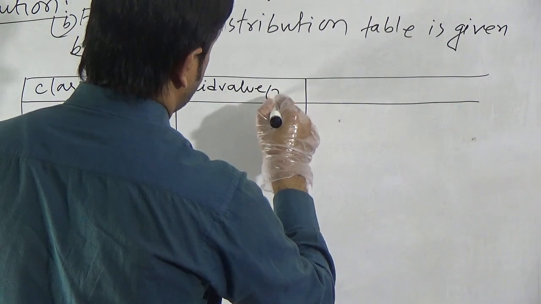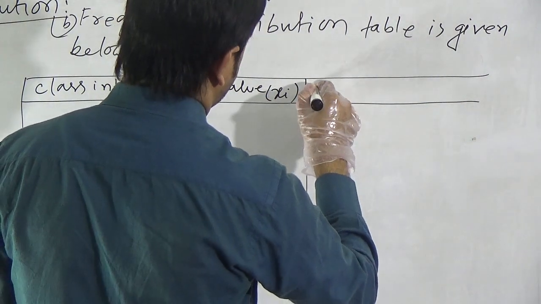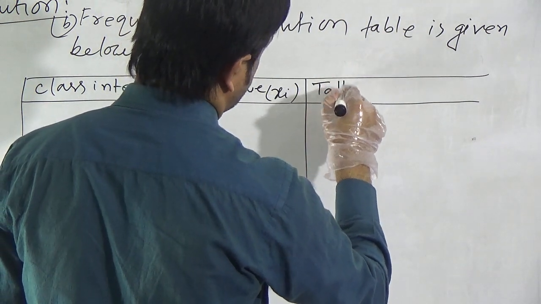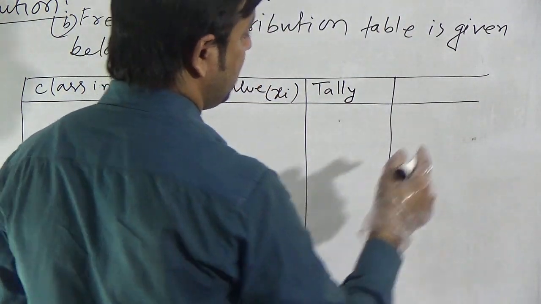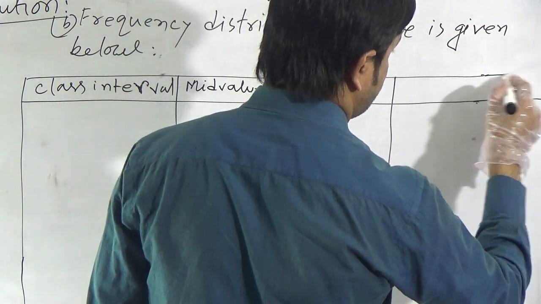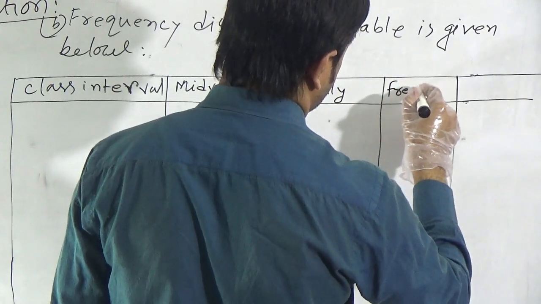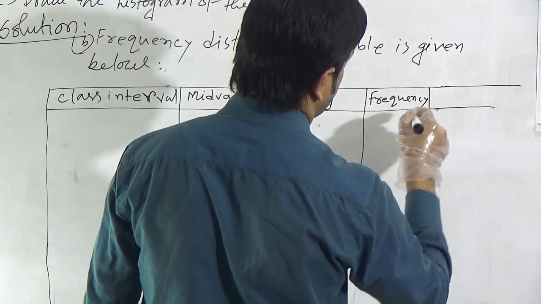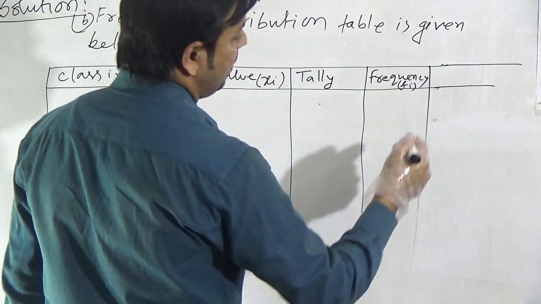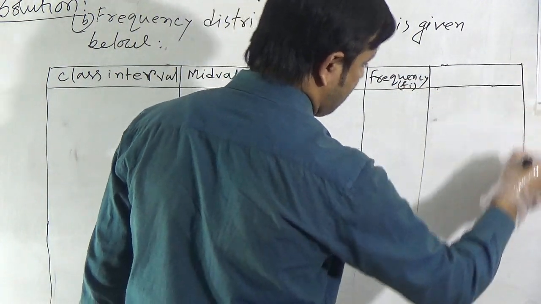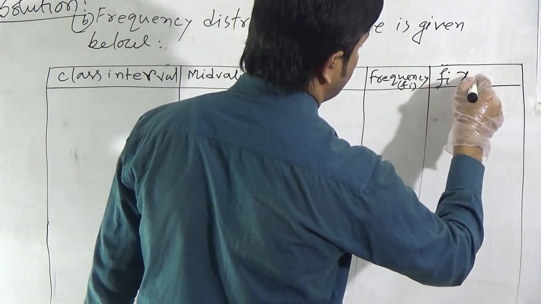Third one is, we can denote mid value as xi, tally. And next one is frequency. We can denote this by fi. Then the last column is product of fi and xi.